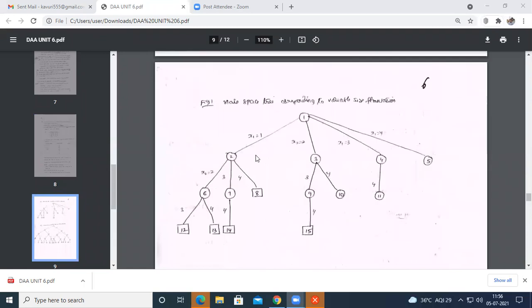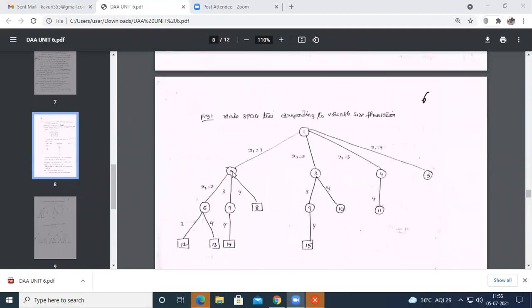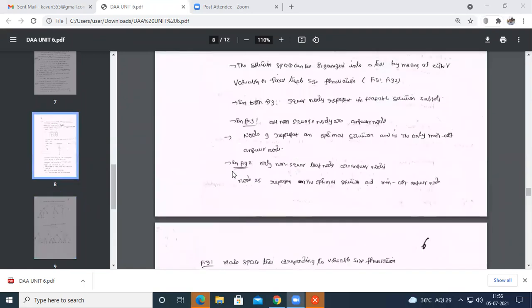x1 x2. Here the circular nodes are represented in both diagrams. In both diagrams, square nodes represent infeasible solutions. All the non-square nodes are answer nodes.